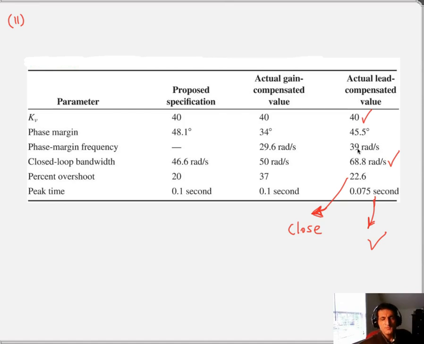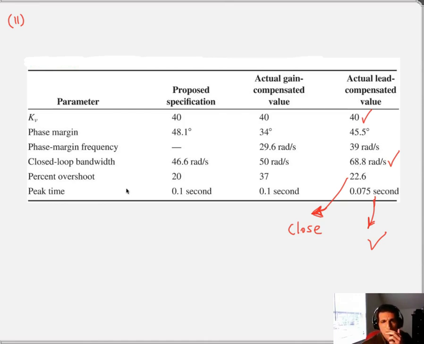Finally, if you also do some time domain simulation, this table summarizes the total results. We wanted a KV of 40, and we actually got 40. We were looking for a phase margin of 48 degrees, but what we got was 45.5 degrees. The required closed loop bandwidth was 46.6 radian per second, but what we got was almost 50% more, about 68 radian per second, which is fine.